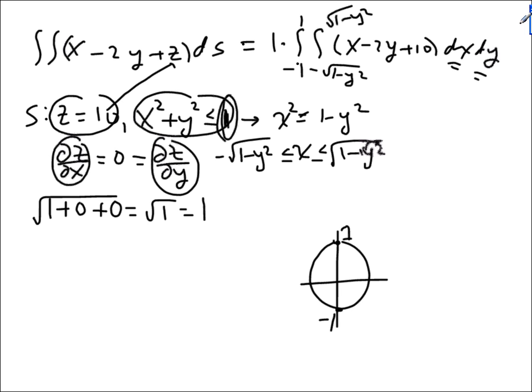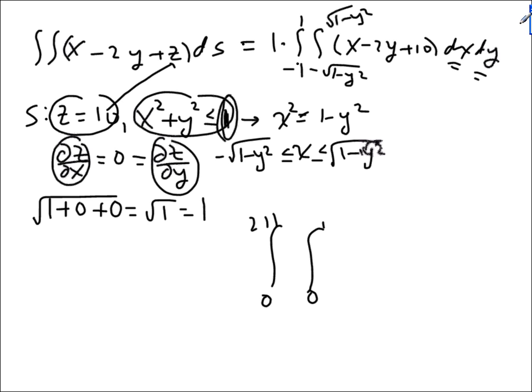Now, you might want to convert this to polar. We're integrating over a circle of radius 1, the whole circle. Well, that means the r's are going from 0 to 1, and theta is going from 0 to 2 pi. x is r cosine theta minus 2 times y, which is r sine theta, plus 10.